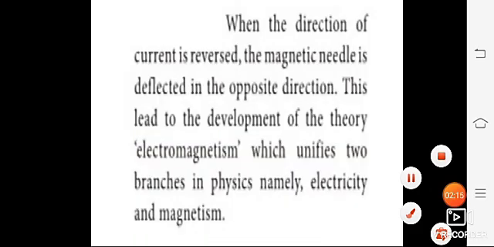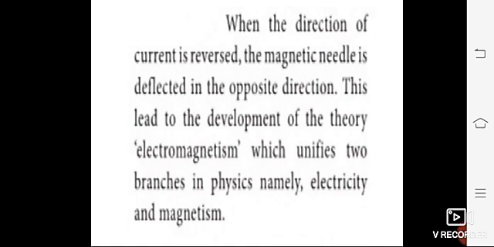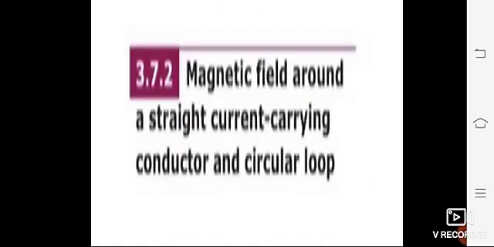When the direction of the current is reversed, the magnetic needle is deflected in the opposite direction. Using this concept, now we are going to discuss the magnetic field around a straight current carrying conductor and a circular loop.